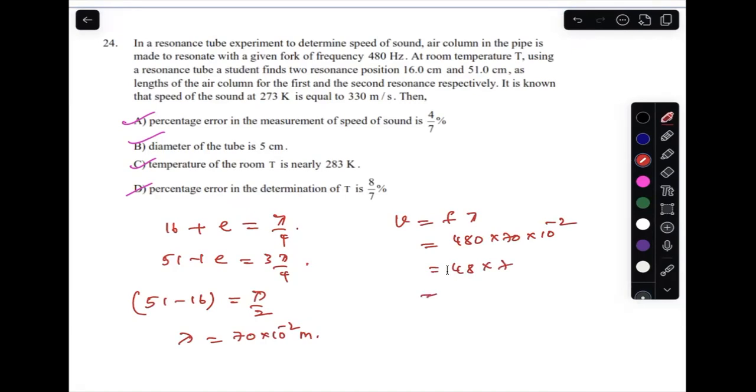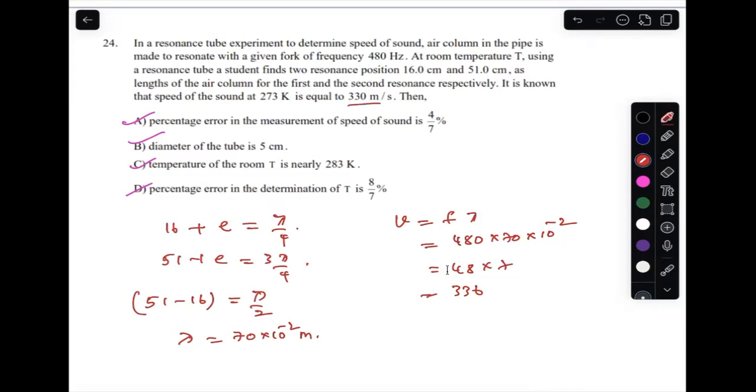So 48 into 7 works out to 336. But you said 330.